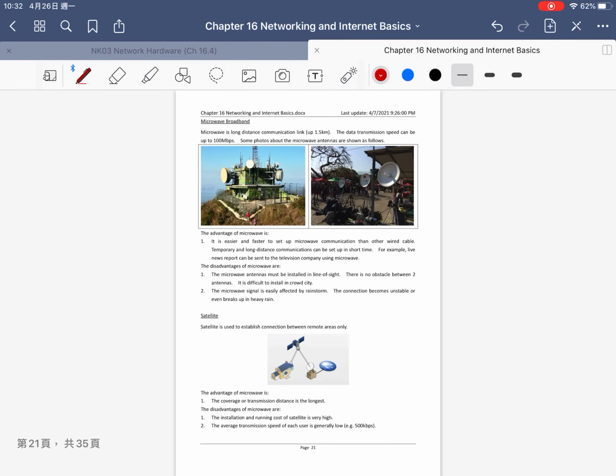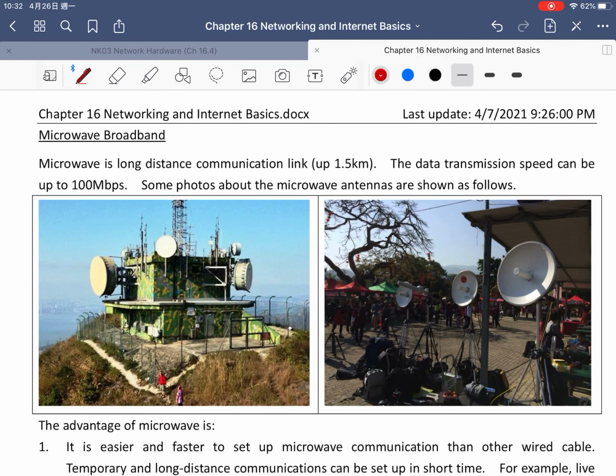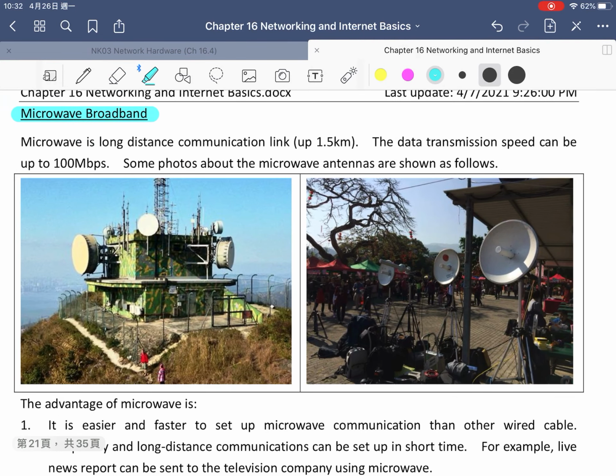Okay, the last topic about the wireless is about the other long distance wireless transmission, the microwave broadband. Microwave broadband is a long distance. Okay, it can go up to maybe several kilometers. So the speed can be 100 megabit per second. So you can see there is a temporary antenna.